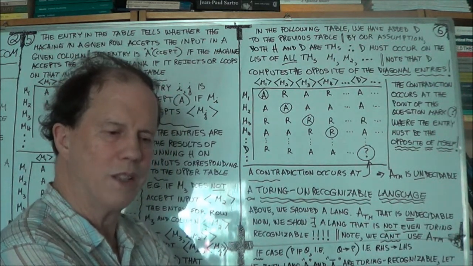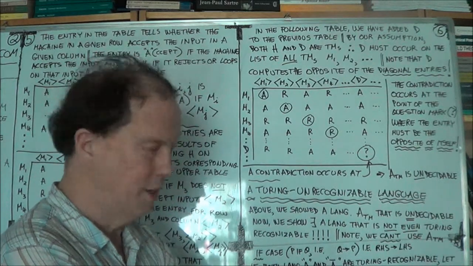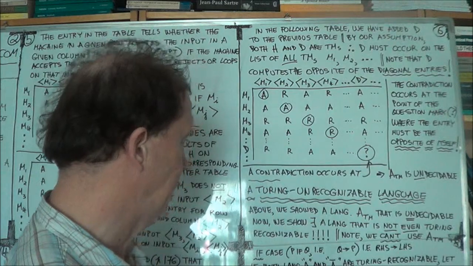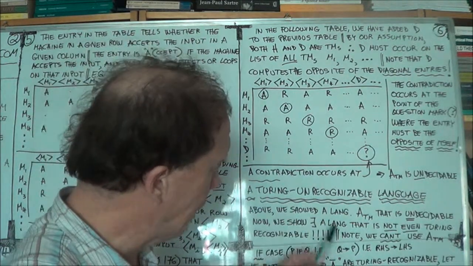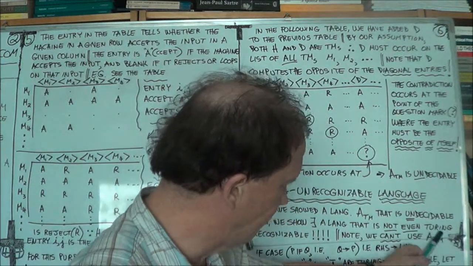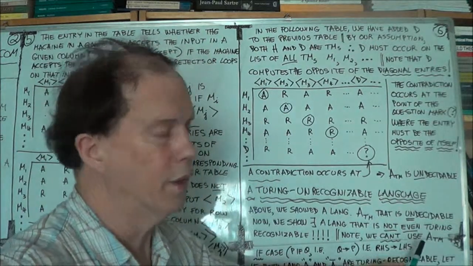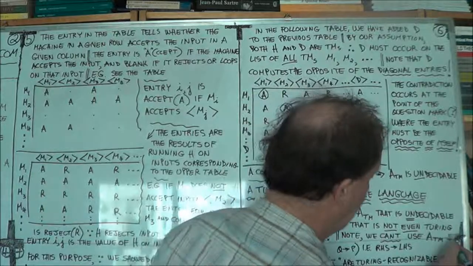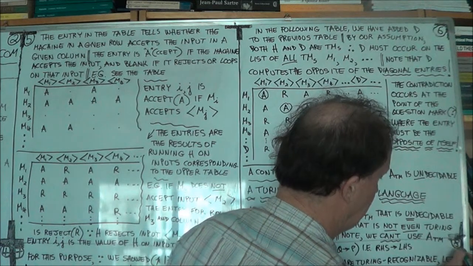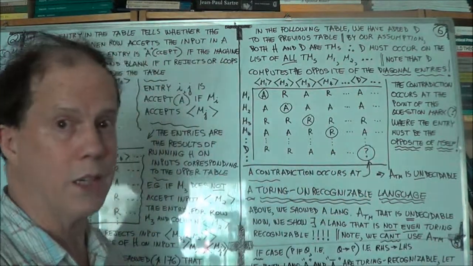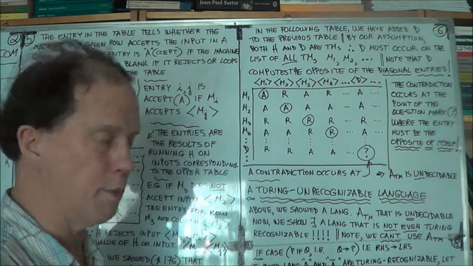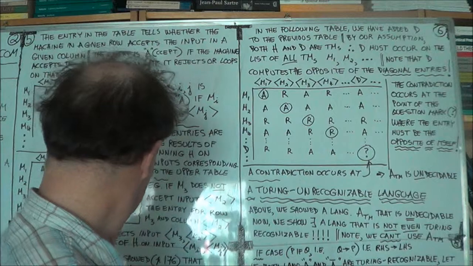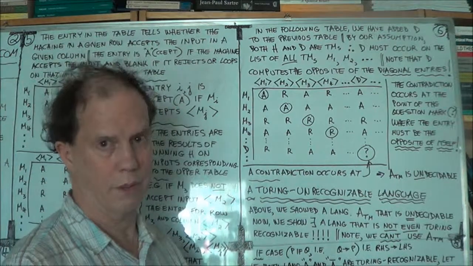You know, there's no machine that can even recognize the language. Now that language is not ATM. That won't work, because we showed earlier that ATM is actually Turing recognizable. We proved that, right? So we have to find something else, but that'll be for next session.